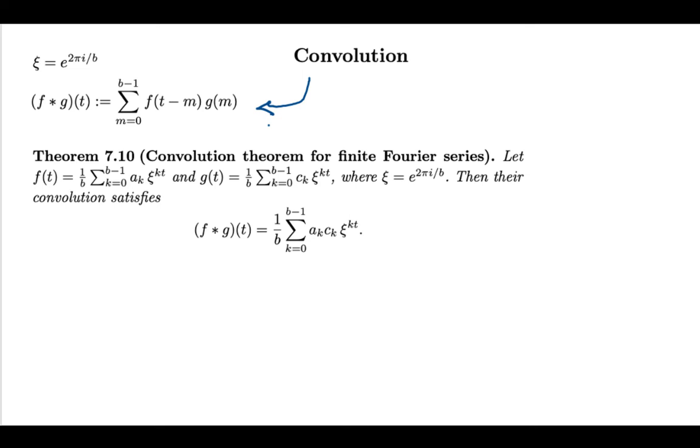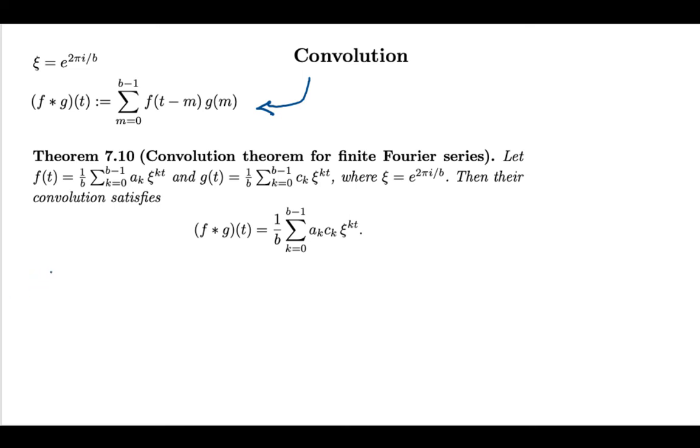So we assume that f has some Fourier coefficients ak, and g has some Fourier coefficients ck. And to make this all look nice, I have a factor of 1 over b in front of my sums. Then with the same factor, the convolution f star g has Fourier coefficients ak times ck.